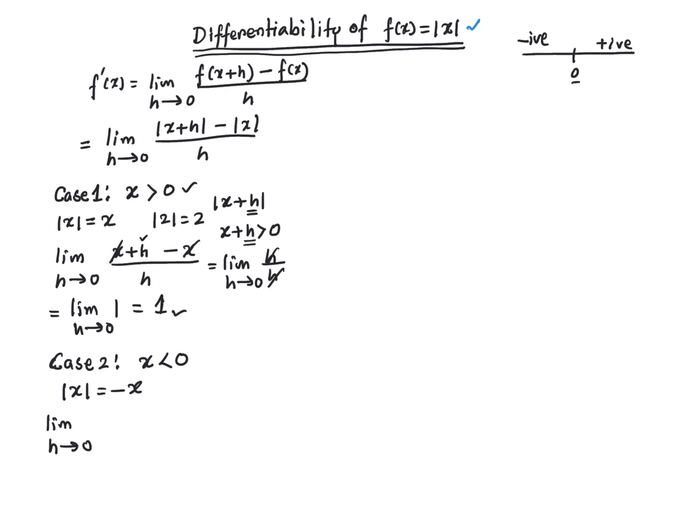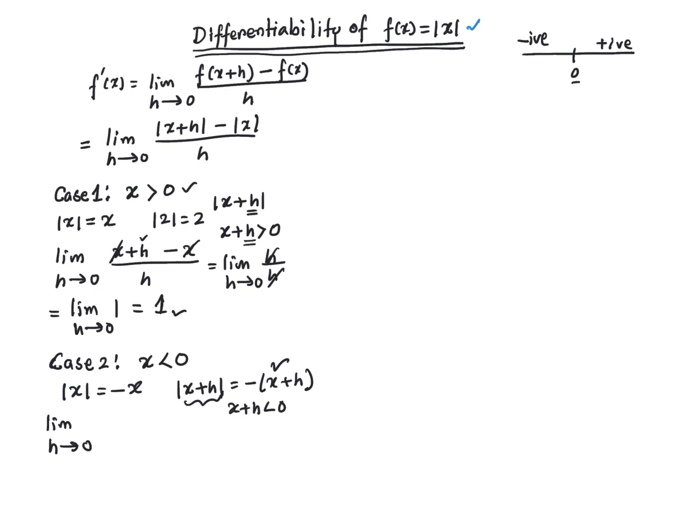Since the absolute value of x is negative x, the absolute value of x plus h is negative of x plus h. So we need to make sure that x plus h is less than 0, and we can adjust the value of h so that this condition holds true.